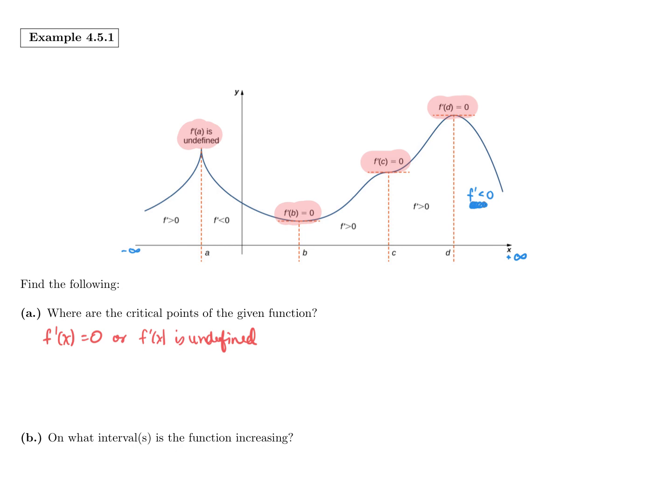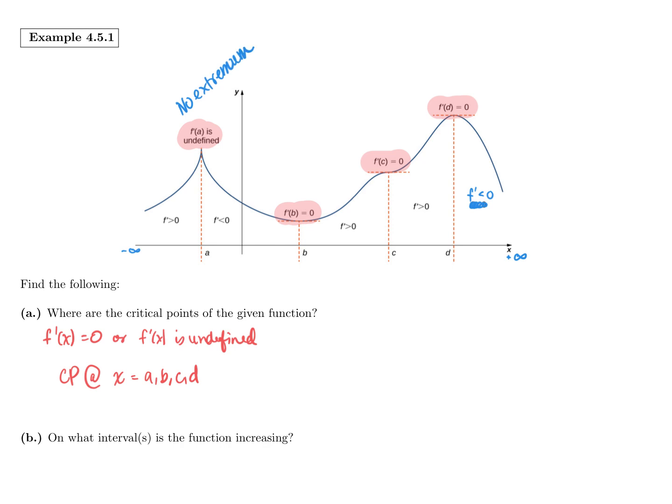So what do we find then? That we have critical points at x equals a, b, c, and d. So we have critical points at all of them, but are all of them extrema? The answer is no, because here we have no extremum at a.